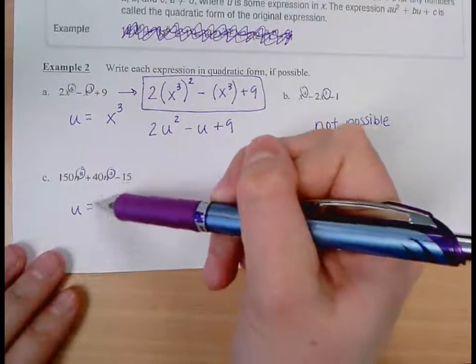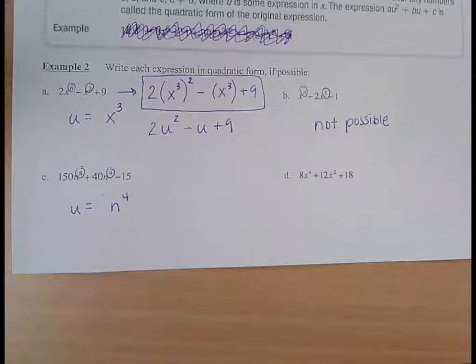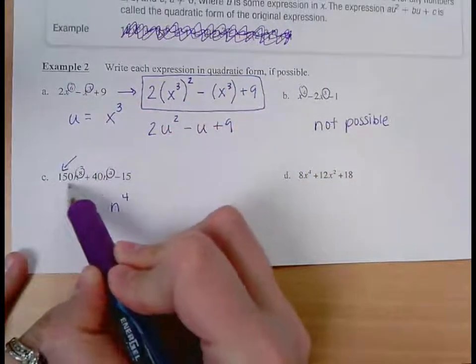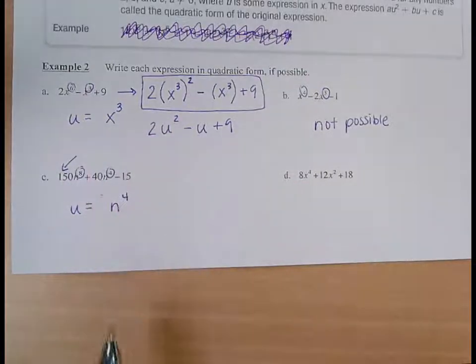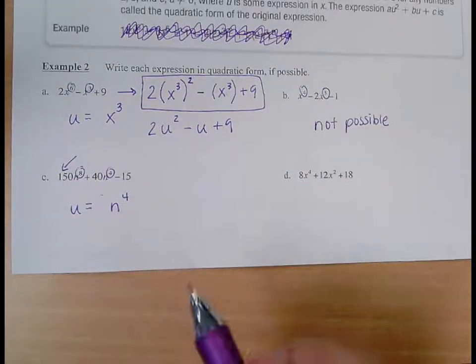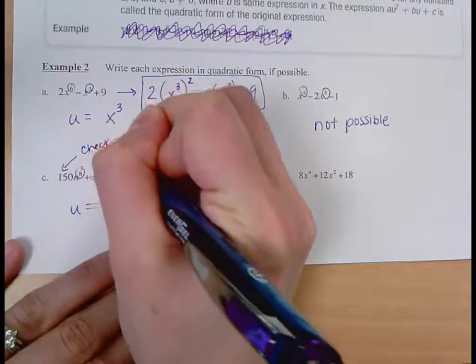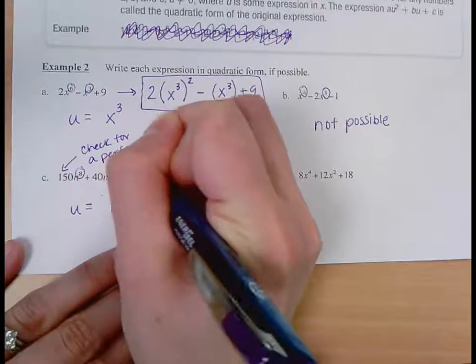This one, though, will include a coefficient. And here's how you determine if there's a coefficient included, and then if there is, what it is. So you have to look at your very first coefficient, in this case the 150. And I'm actually going to write out what you want to think of in case you want to write it on your sheet. You check for a perfect square factor.